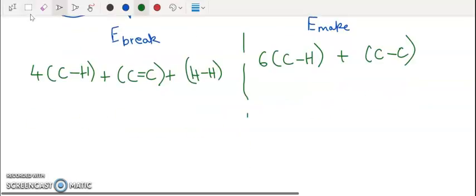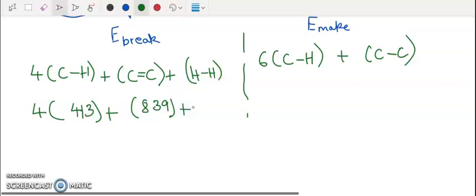So plugging in the values, you're going to have 4 C single bond H, and in the data given it is 413, plus for the double bond it's going to be 839, and for the H single bond H it is 432.